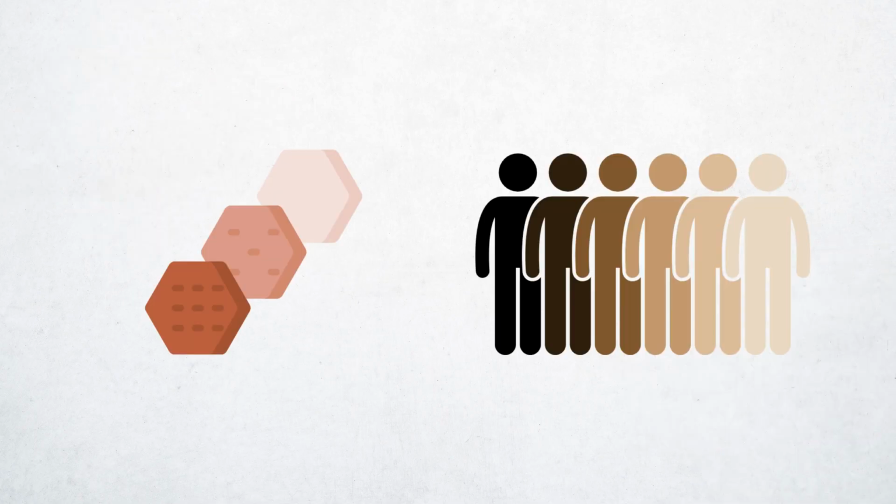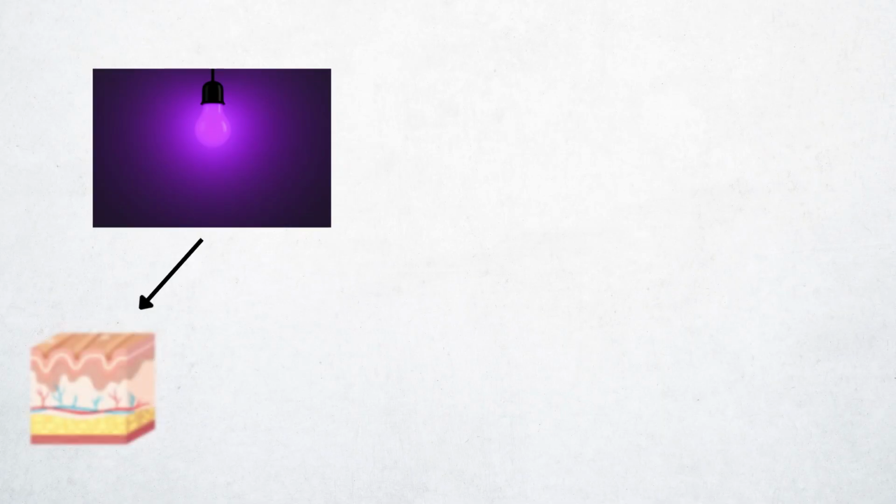Of course, keep in mind, the skin color plays a big role here. UV, on the other hand, has a shorter wavelength that contributes strongly to the absorption of the sunlight by the bulk tissue of the skin, or let's say by the epidermis of the skin.